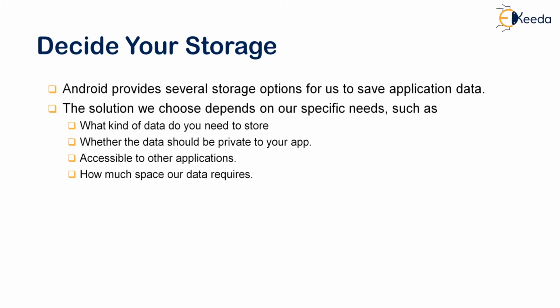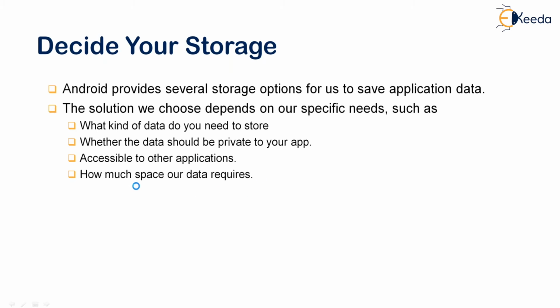That can be accessed by other applications also through the gallery, which is public. There might also be access restrictions on the data. Depending on that, you choose the particular storage mechanism.